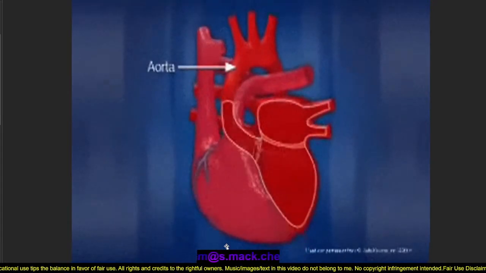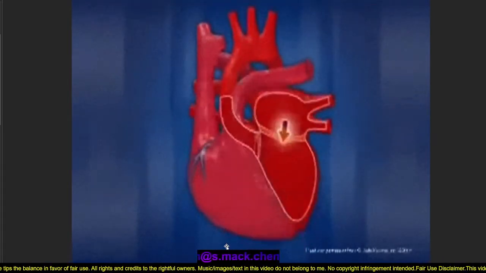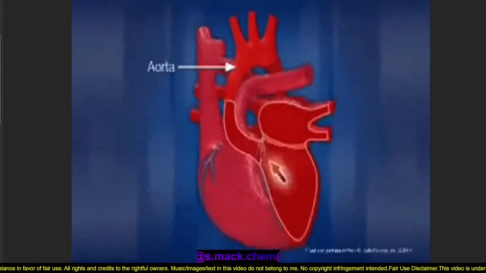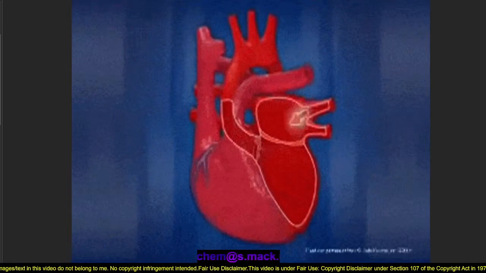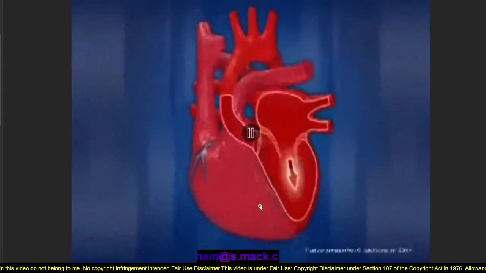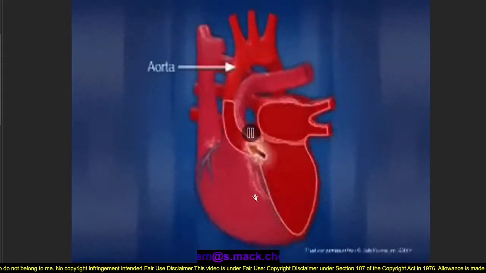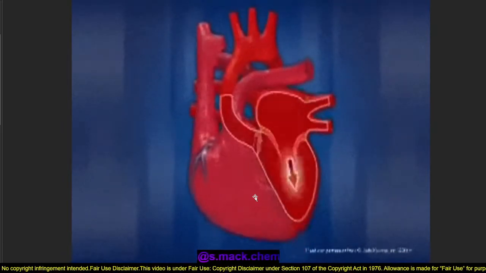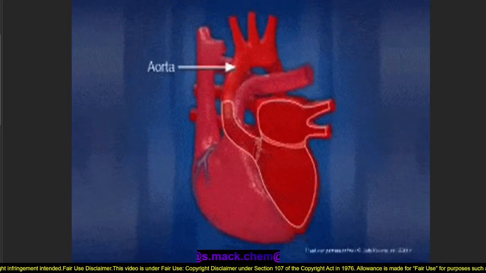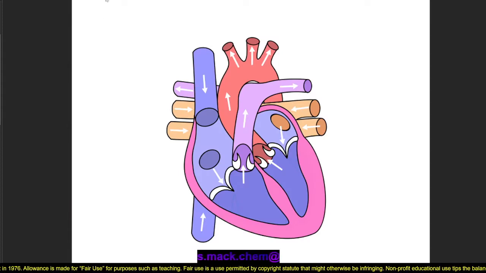So we've seen the left side and the right side of the heart. We've identified some vessels. Let's now go through the different chambers and the blood vessels in the heart once more and identify what these are. Here we have the vena cava.